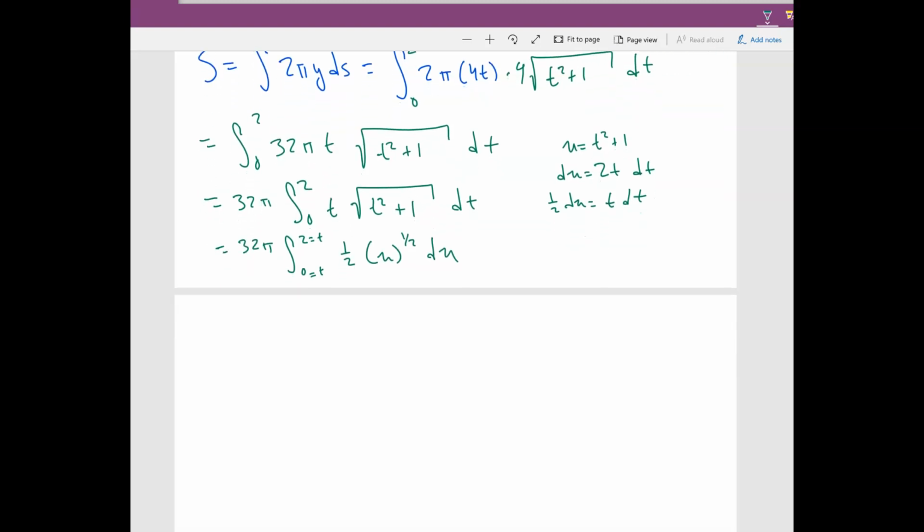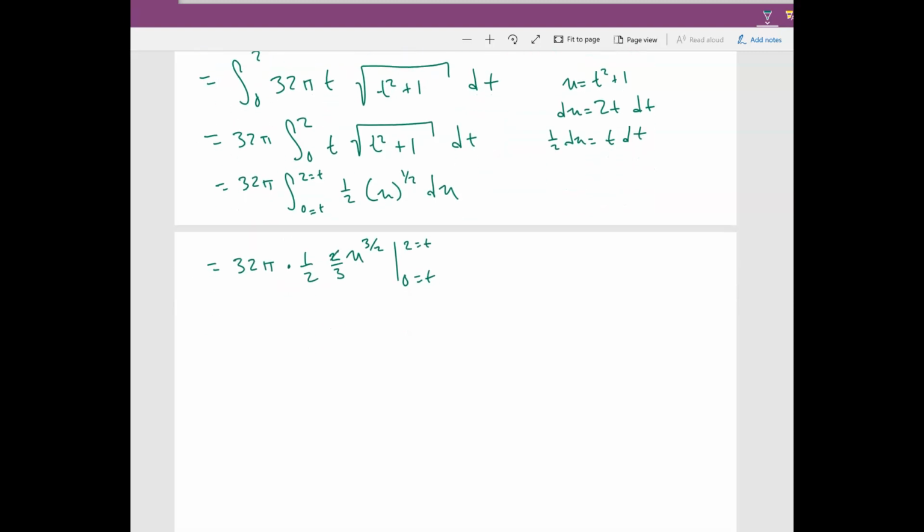Okay. And then you're just going to have this 32 pi times 1/2. Take the integral of this. You're going to have u to the 3/2 times 2/3, and then from 0 to 2, these are for t. You can see that the 2's cancel out, so I'm left with 32 pi over 3.